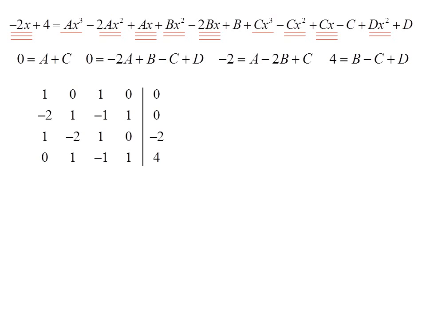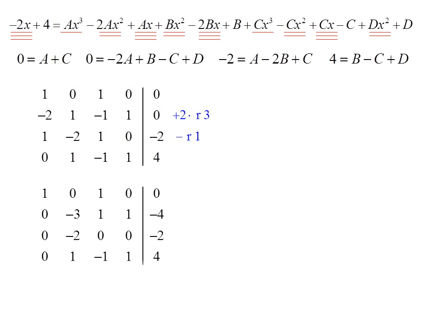And we can use matrices to solve this and row operations. So I'm going to add twice row 3 here and subtract row 1. Then I'm going to divide this row by negative 2 and move it up to the second row.